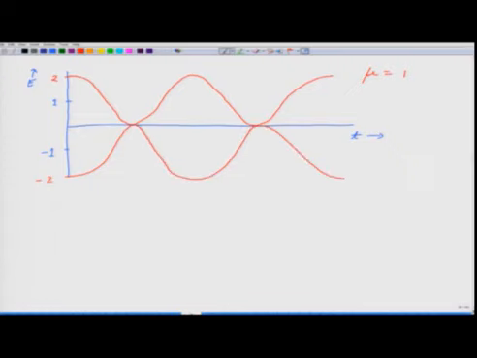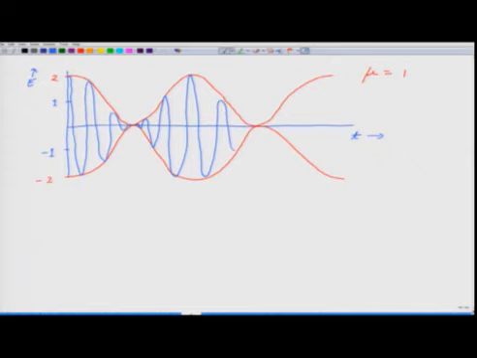And the wave will be very nicely represented as such. The amplitude modulated wave will now be represented by this blue curve, and we see that at minimum it is 0, not exactly minimum at 0, but there is no unwanted signal.